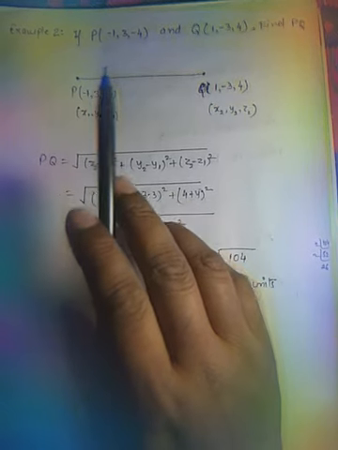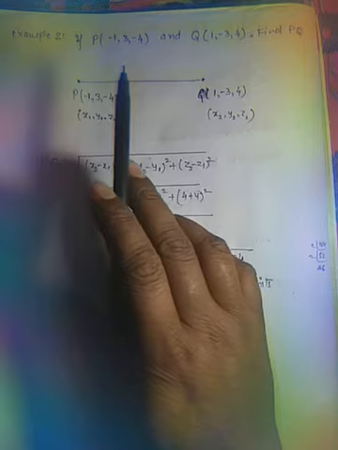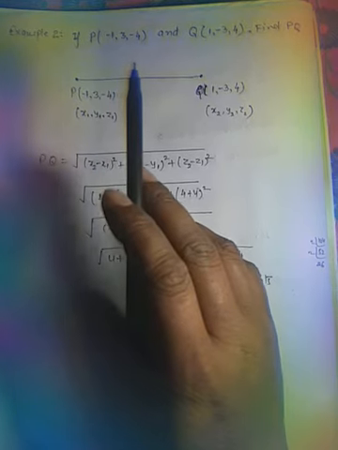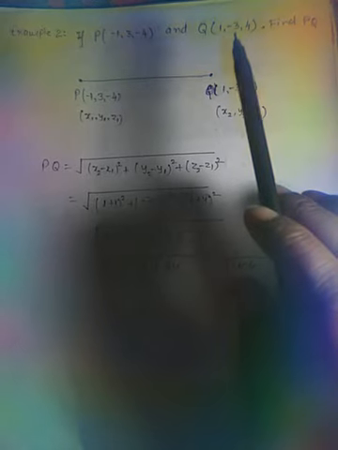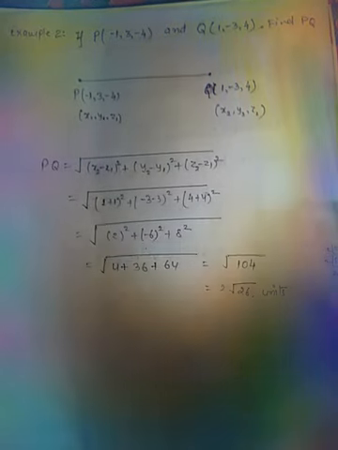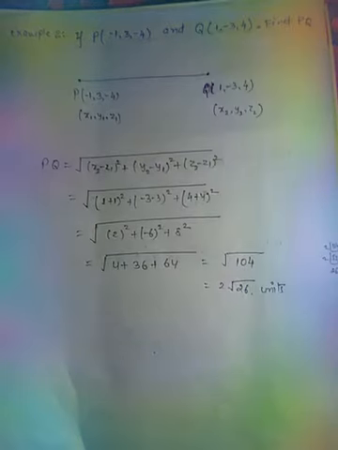Example 2: if P is (minus 1, 3, minus 4) and Q is (1, minus 3, 4), find distance PQ.